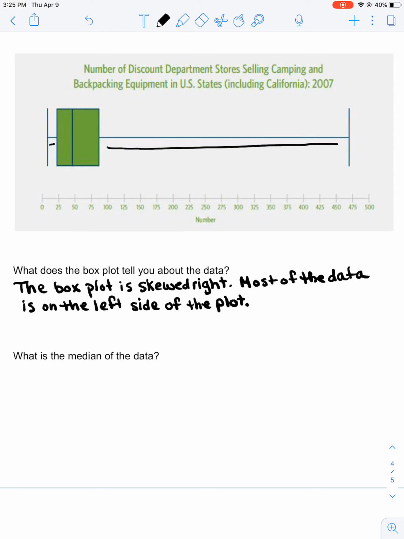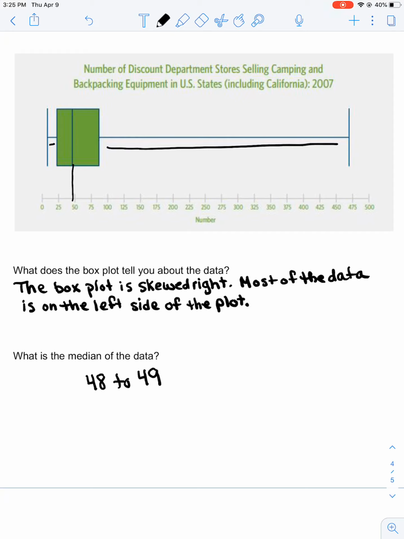It says, what is the median of the data? Well, if you notice, I have to kind of guess just a little bit here. If I bring that median down, it's about 49. And actually it's about 48 to 49.